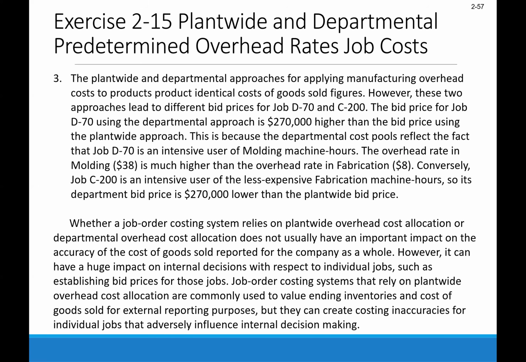Whether a job order costing system relies on plant-wide overhead cost allocation or departmental overhead cost allocation does not usually have an important impact on the accuracy of the cost of goods sold reported for a company as a whole. However, it can have a huge impact on internal decisions with respect to individual jobs.